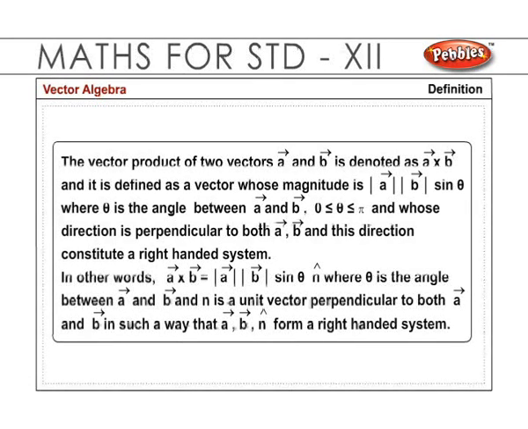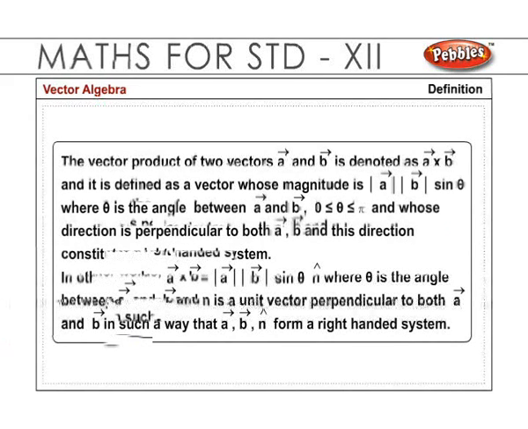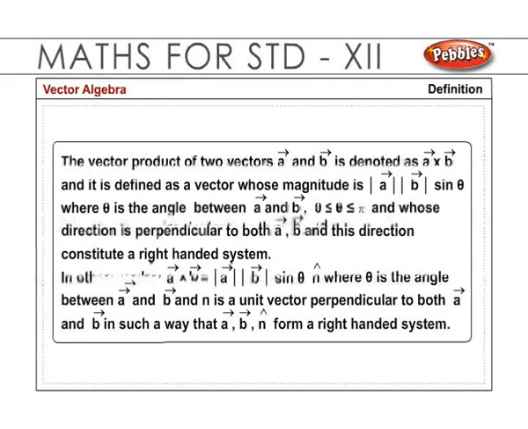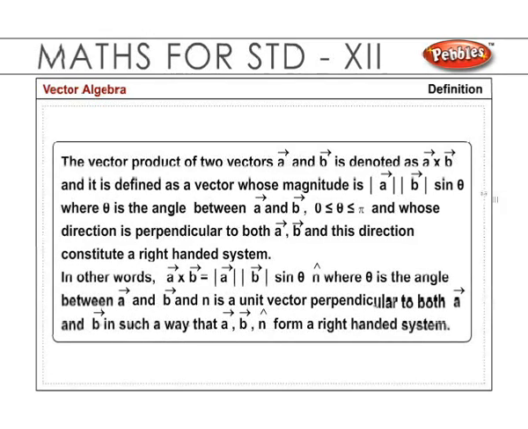In other words, A cross B = |A||B| sin theta n, where theta is the angle between A and B, and n is a unit vector perpendicular to both A and B in such a way that A, B, n form a right-handed system.